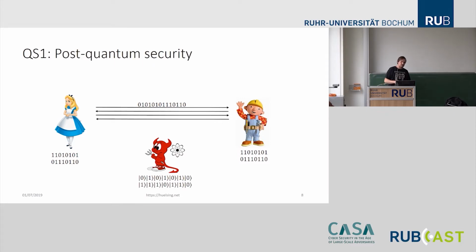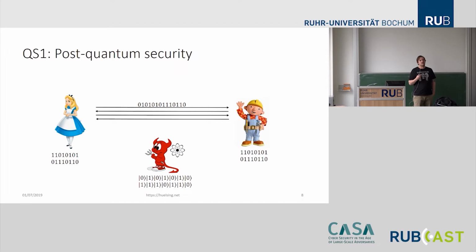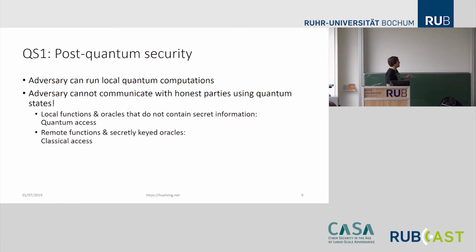If you move to QS1, which is what we usually call post-quantum security, then Alice and Bob actually remain exactly the same. But now our adversary is assumed to maybe have quantum computing abilities. So the adversary might have a quantum computer that it can use, which means it can run local quantum computations. This still means that if the adversary communicates with honest parties, all this communication is classical, because the honest parties are classical.